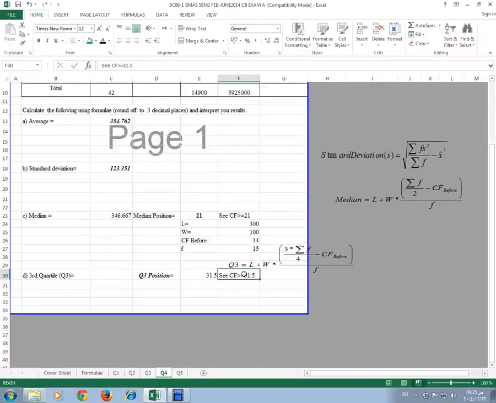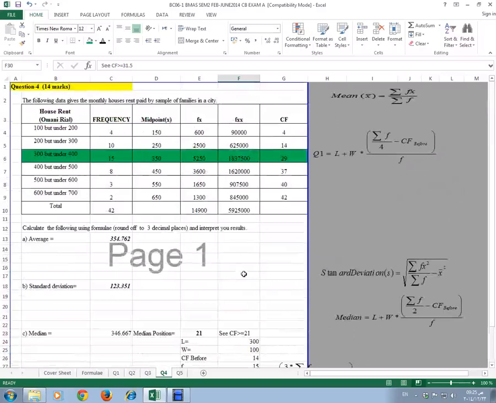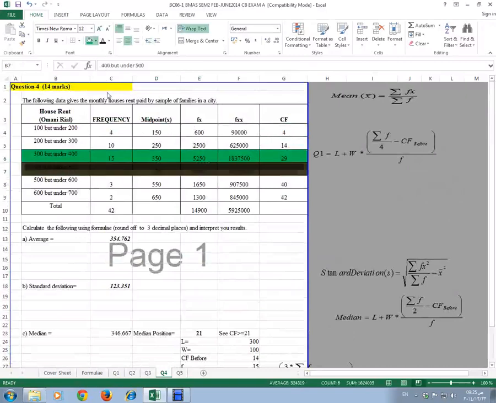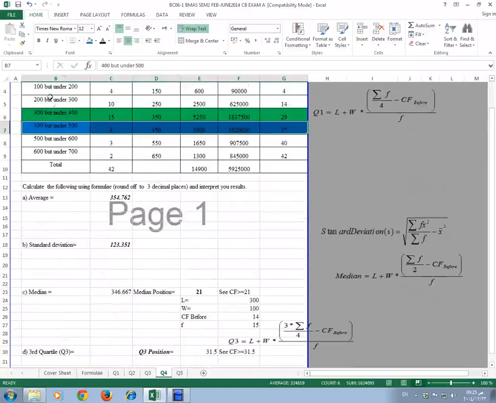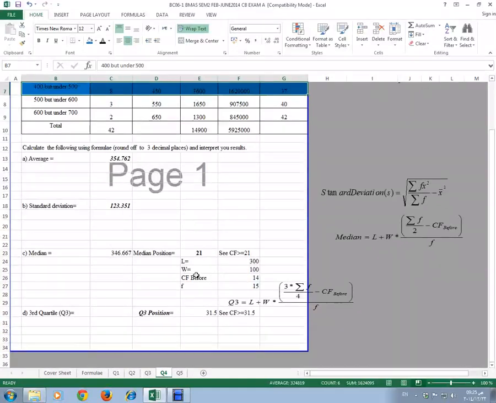So where is the CF which is greater than 31.5? This one is less, this is less, this is the first CF which is greater than 31.5. This one is the place for the third quartile. It is not necessary to highlight it, but this is just highlighting in order to know the position of the third quartile. So the position of the third quartile is clear here.